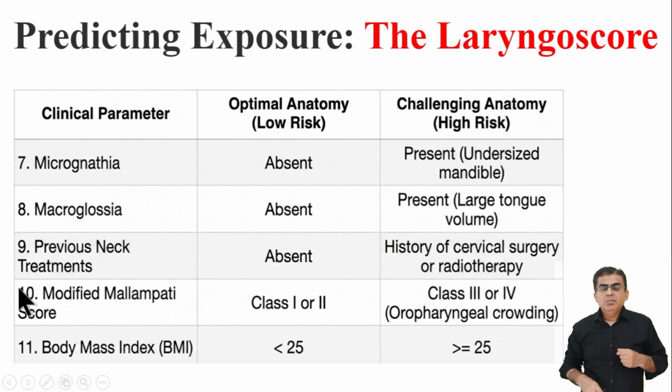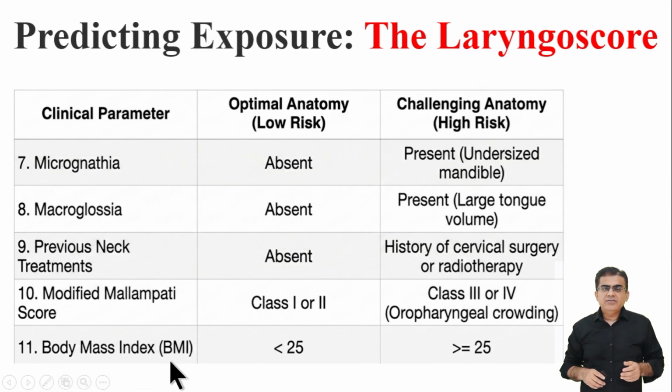10th parameter is the modified Mallampati score. A score of class 3 or class 4 indicates severe crowding in the throat. Class 1 or 2 gives adequate exposure. Finally, 11th parameter is body mass index or BMI.